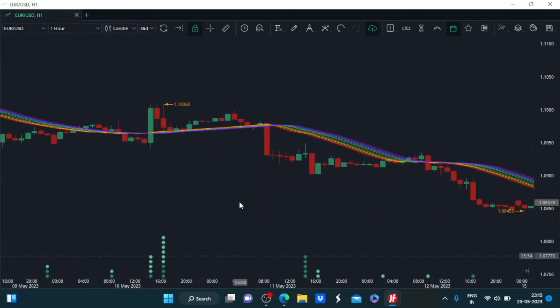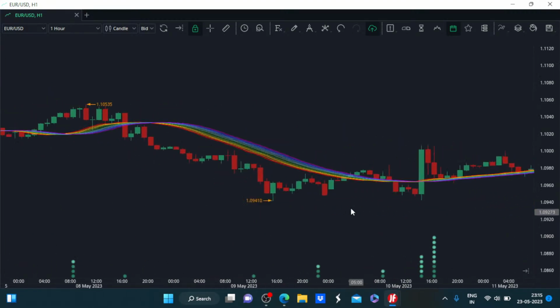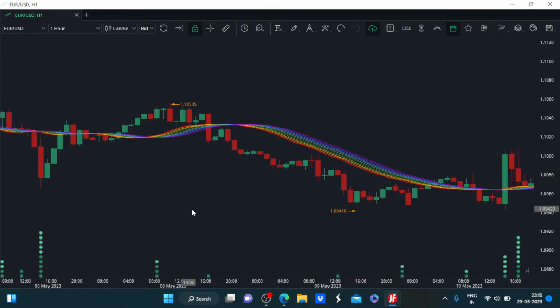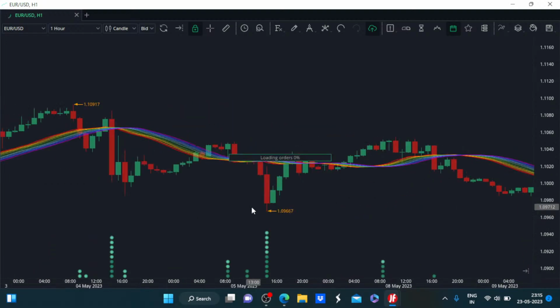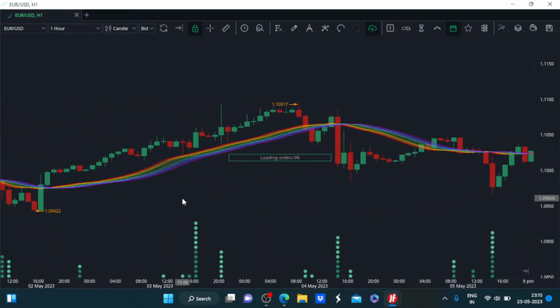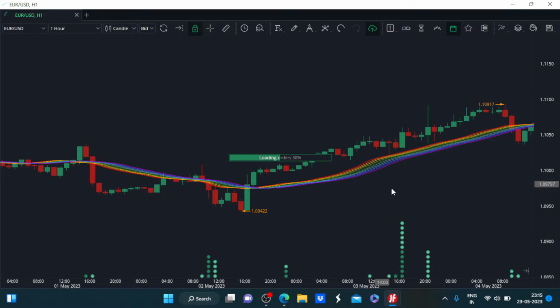Okay, so here the plotting of the rainbow chart is looking really smooth, and we have all these coloring shades of the rainbow looking quite beautiful on the chart.